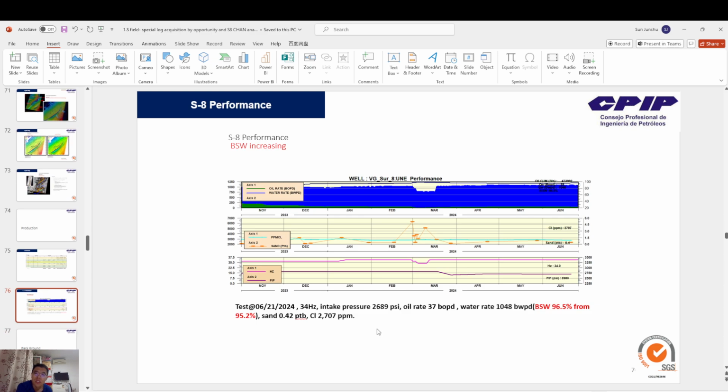S8, the latest production: intake pressure 2,689 psi, oil rate 37 barrels per day, water cut 96.5%, sand production 0.4 ppb, chloride 707 ppm.